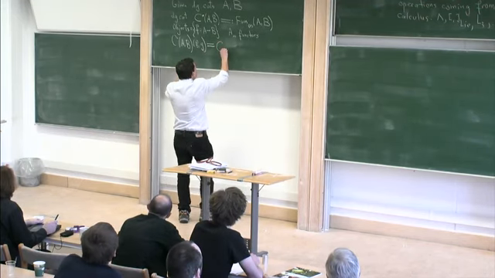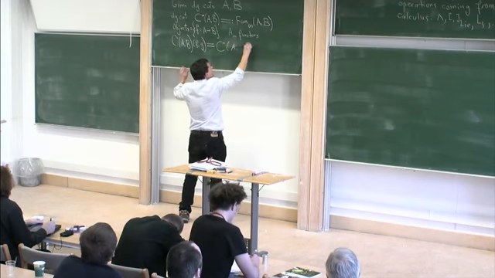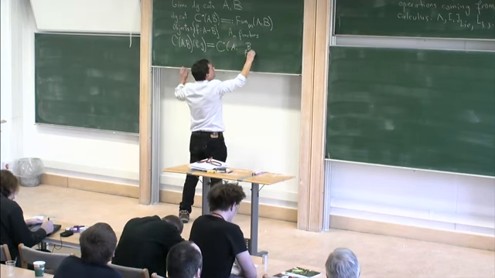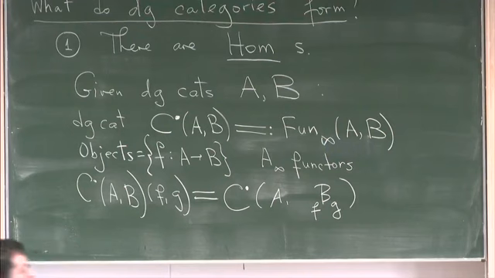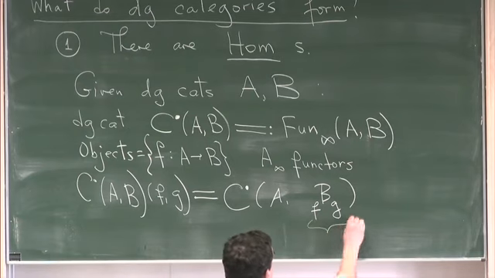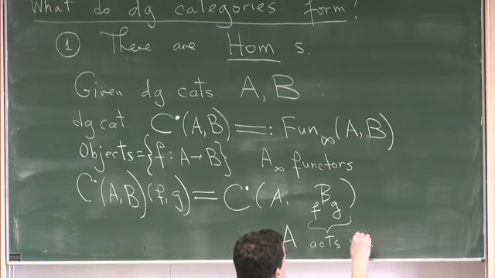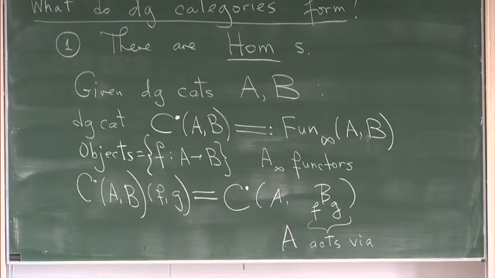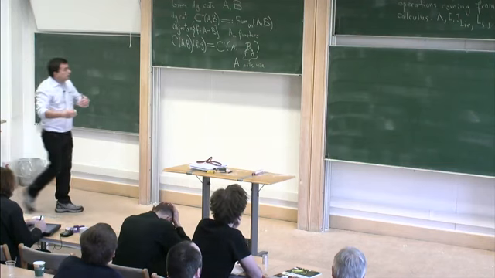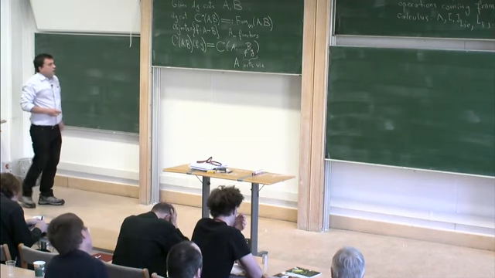It will be just the Hochschild complex that I was mentioning above, of A as a ring with coefficients in B as a bimodule on which A acts by F from the left, and by G from the right. Okay.